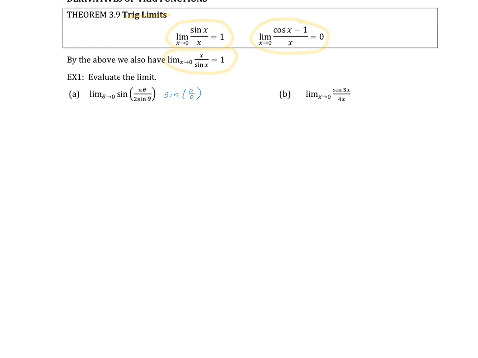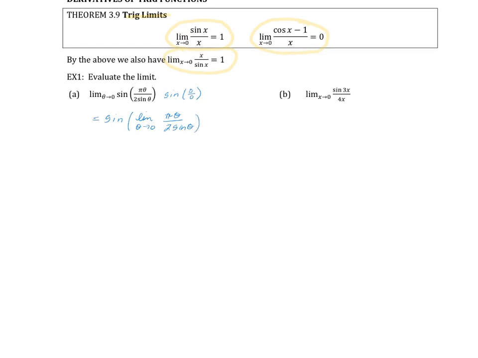So since sine is a continuous function, from our previous section on continuity, I can bring the limit inside and take the sine of the limit as theta goes to 0 of pi theta over 2 sine of theta.